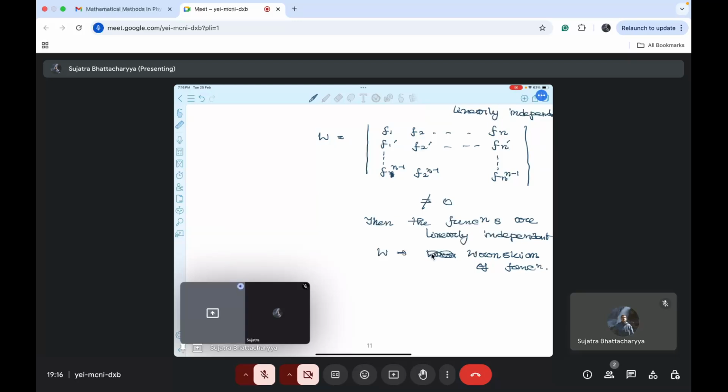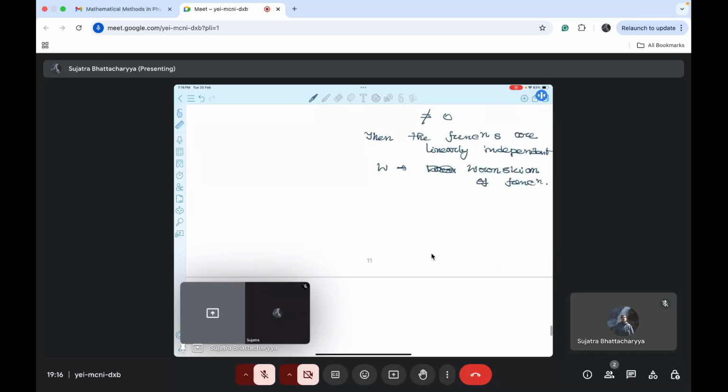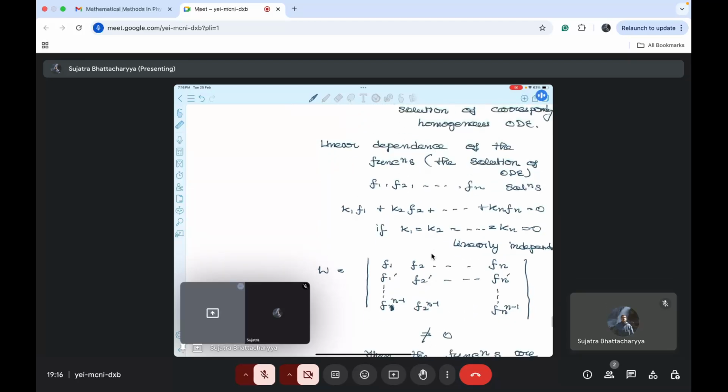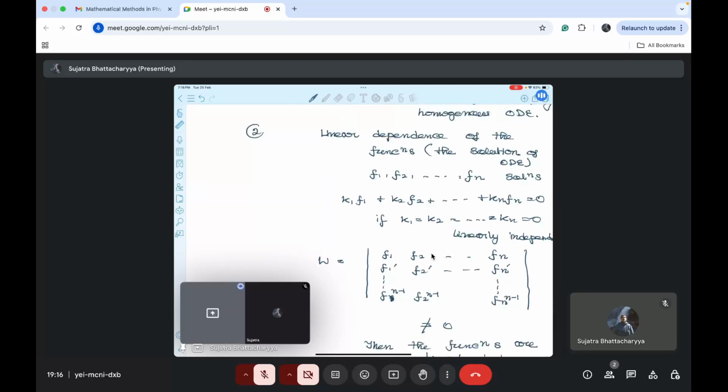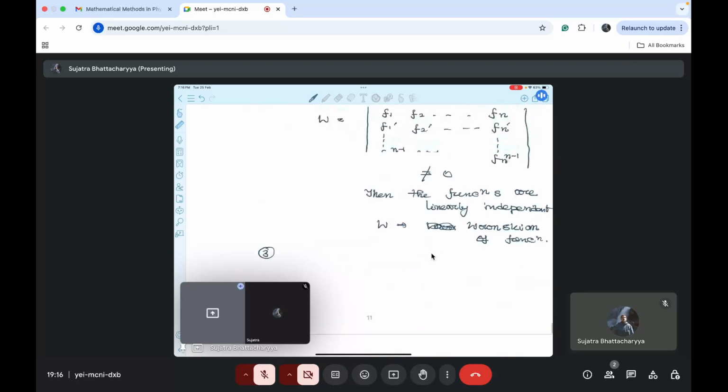Next is another important part, the third. The linear independence and dependence is the second, and the first we have already seen.